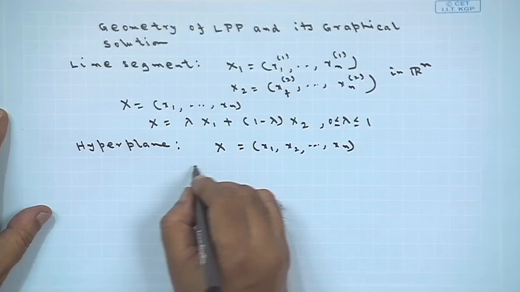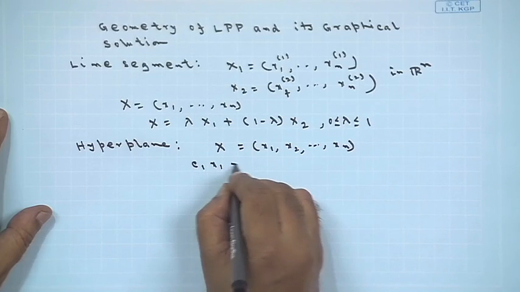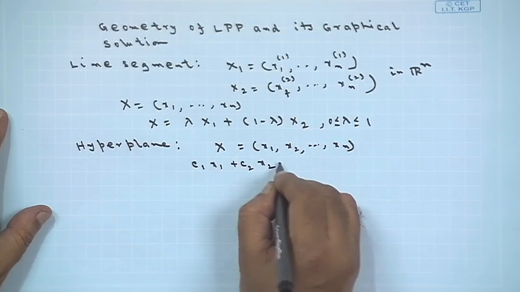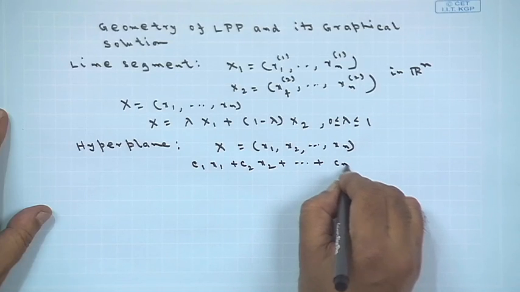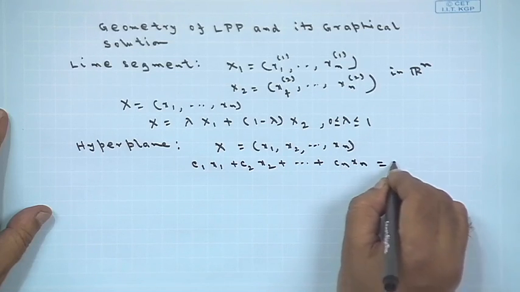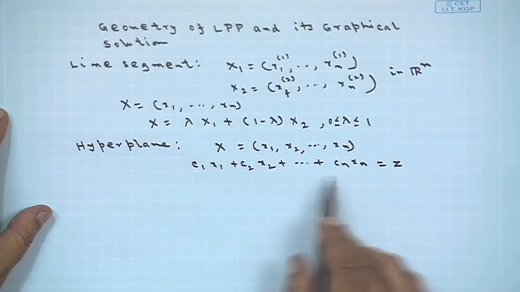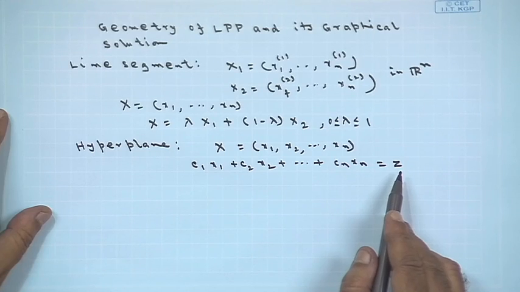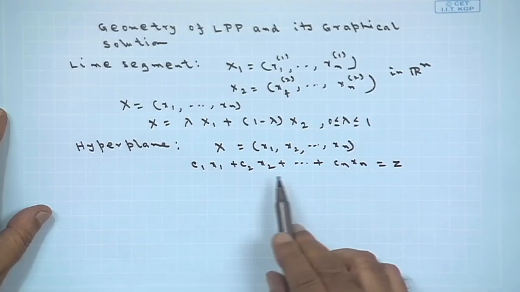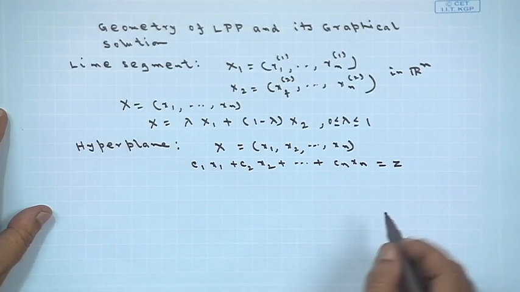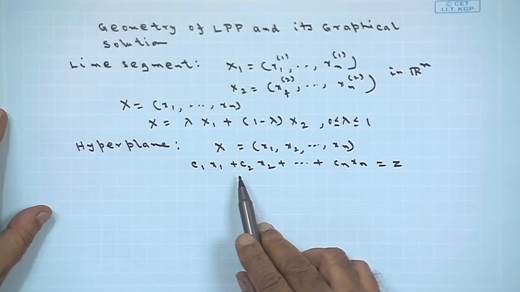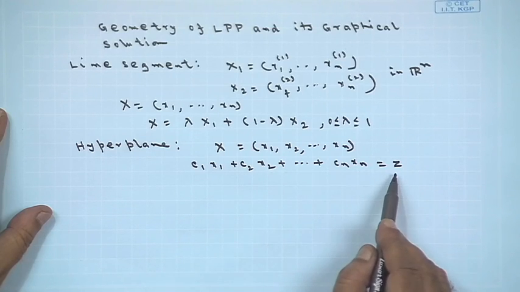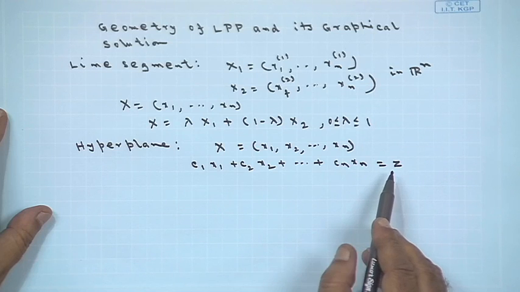If this point satisfies c 1 x 1 plus c 2 x 2 plus up to c n x n equals z, then this equation represents one hyperplane for given values of c i's and z. Please note this one: for given values of c i's and z, this equation will define one hyperplane.